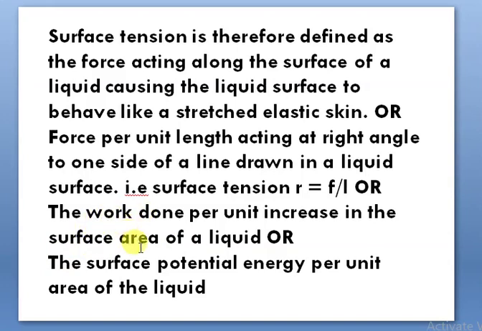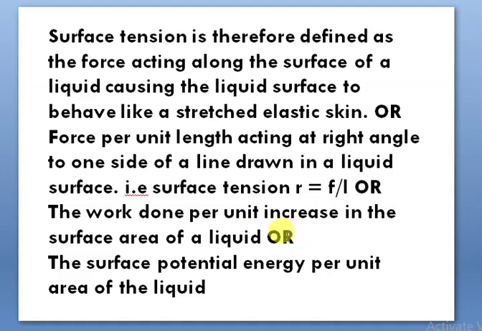Now from this particular definition, surface tension can be measured in joule per meter square, because your work done is measured in joule, while area is measured in meter square. That means joule per meter square is equivalent to Newton per meter.